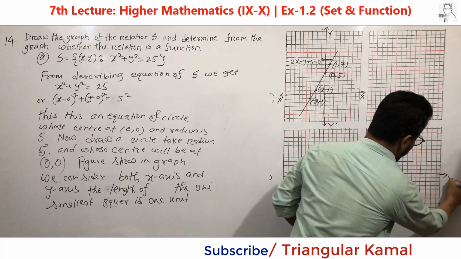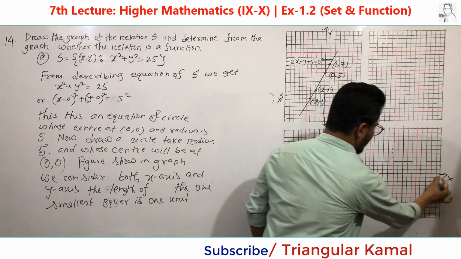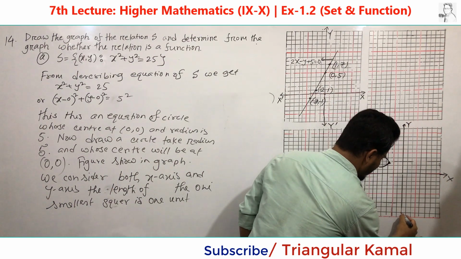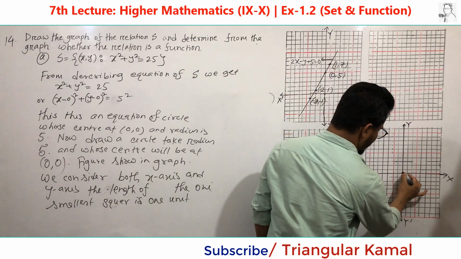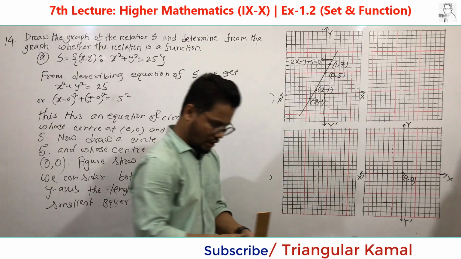We can produce this one to the right side of x and left side of x, and the upper side of the y-axis is positive and the lower side of the y-axis is negative, and this one is the origin (0, 0), the intersecting point.